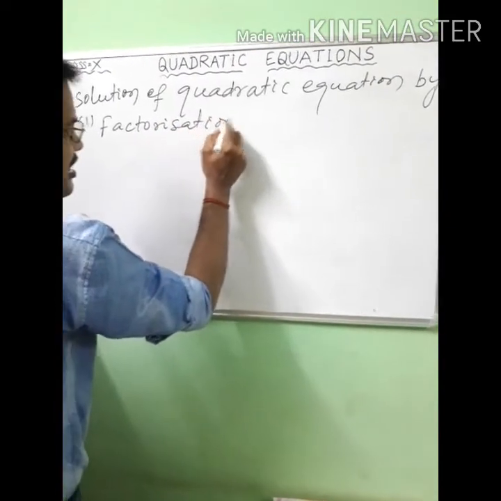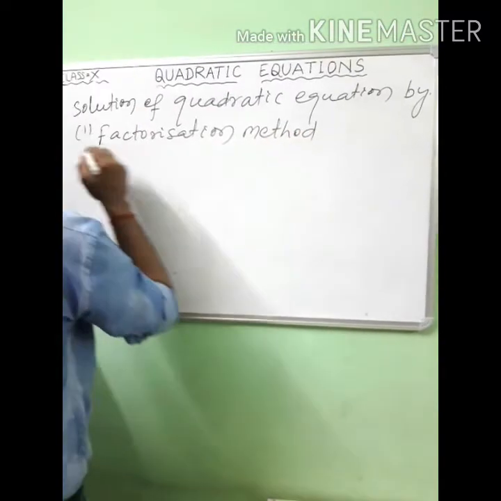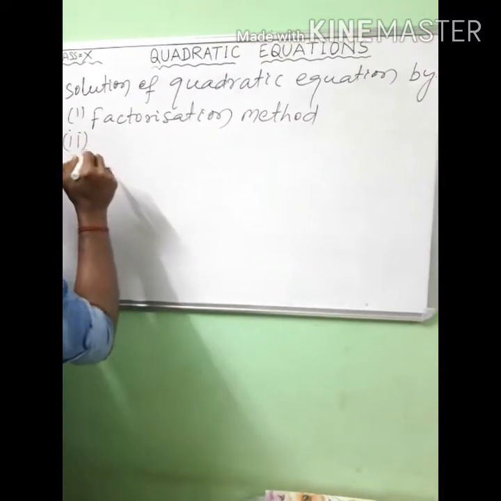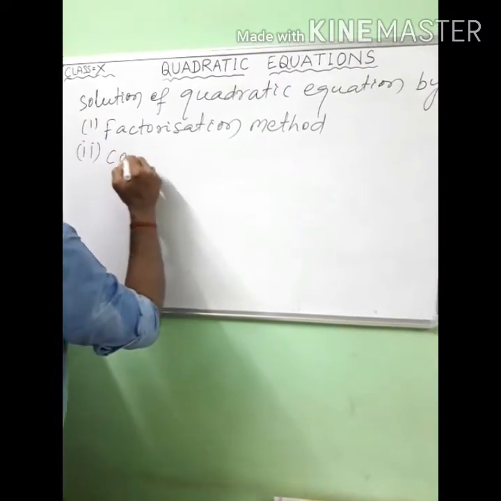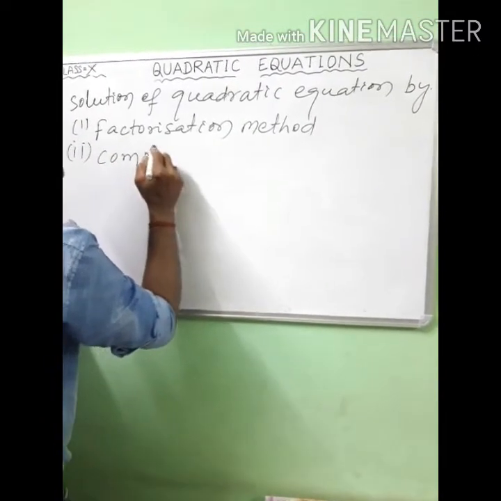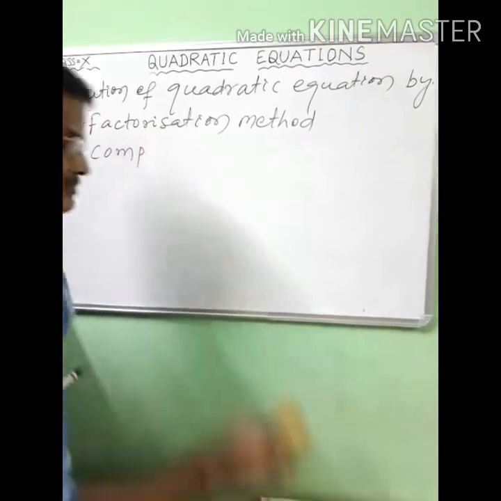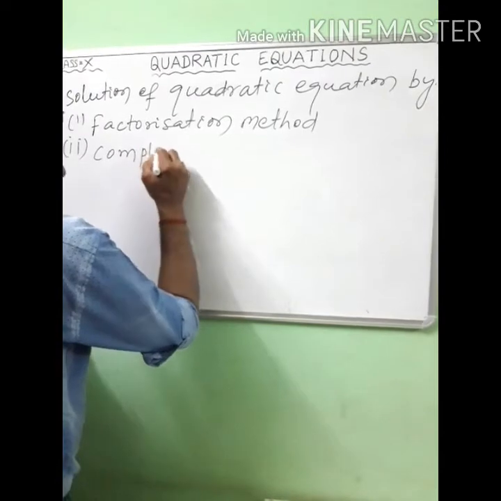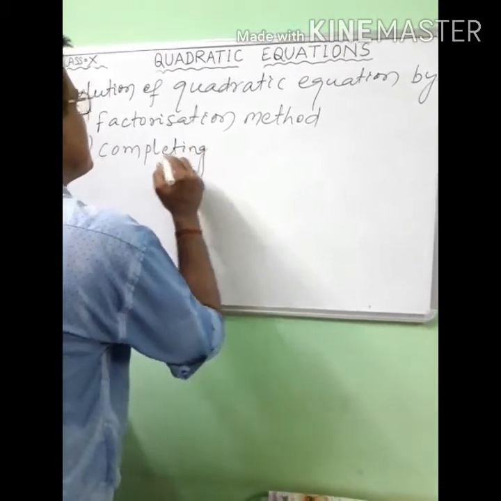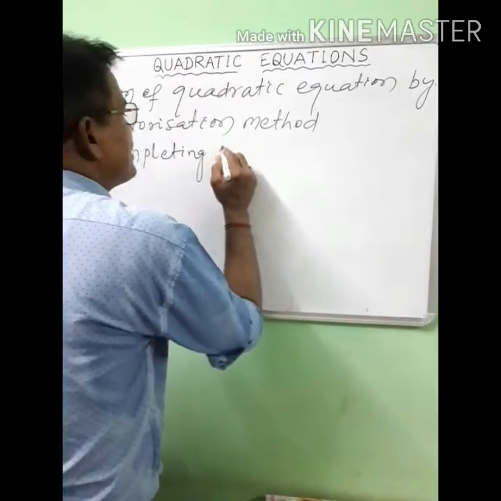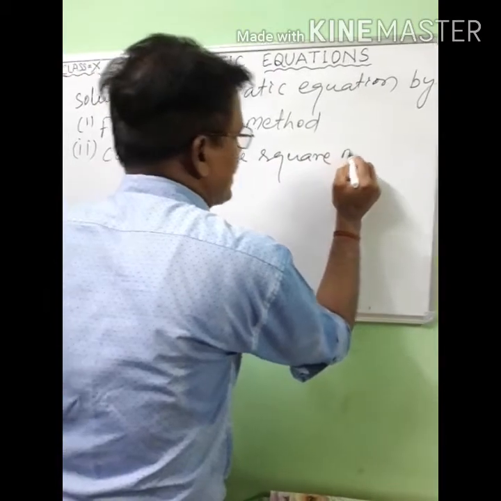Second method is completing the square method.